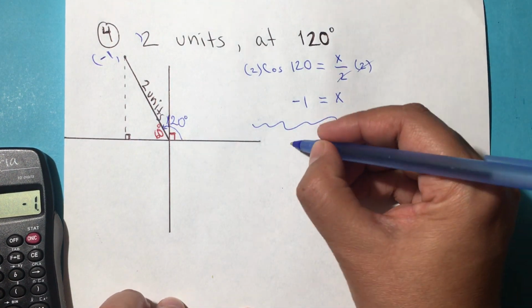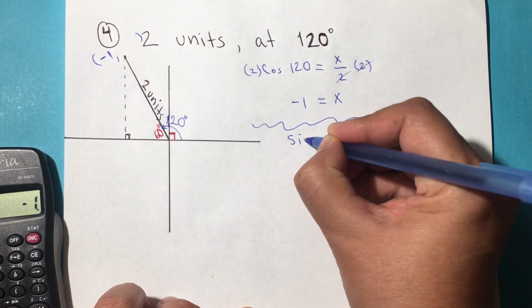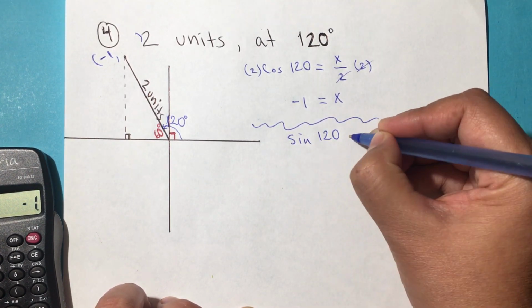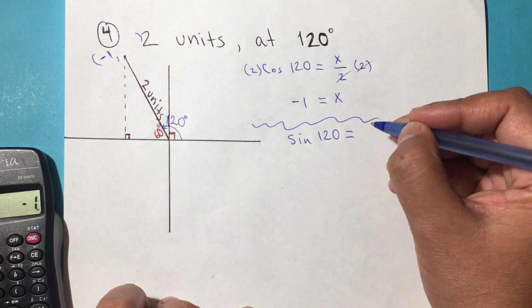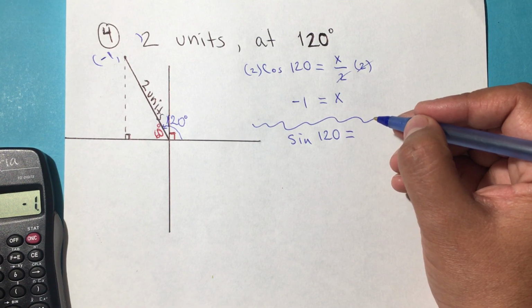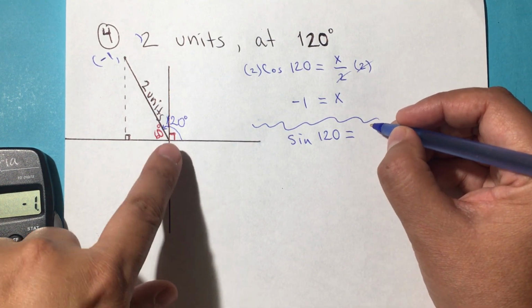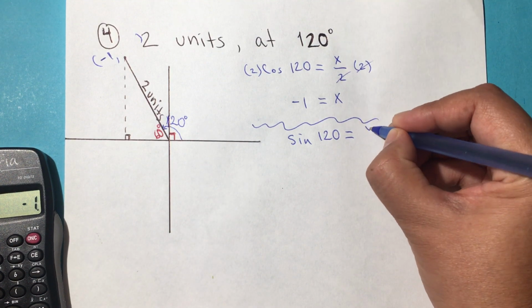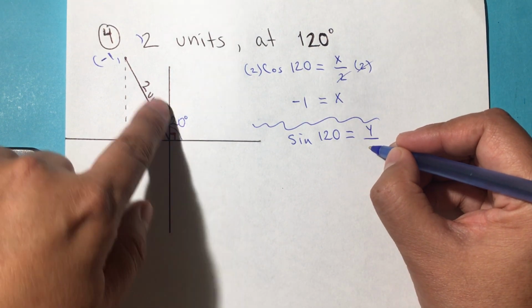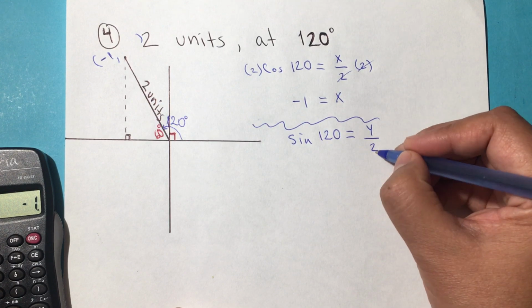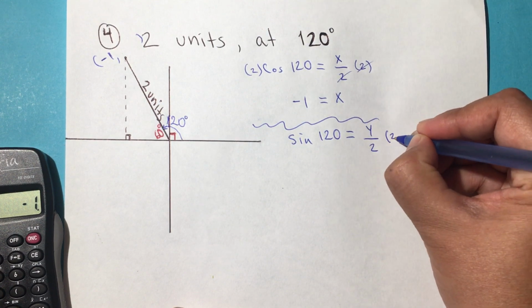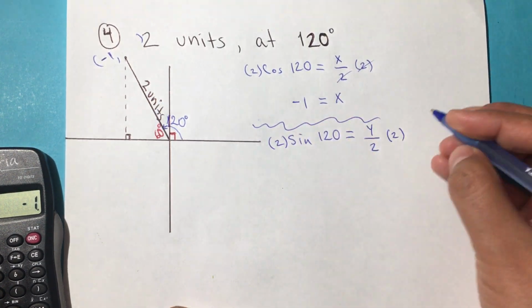Now for y, it's going to be sine of 120 equals, and I didn't even put the formula, opposite, which is your y, divided by the hypotenuse, which is 2. If we're dividing by 2, the opposite is to multiply.